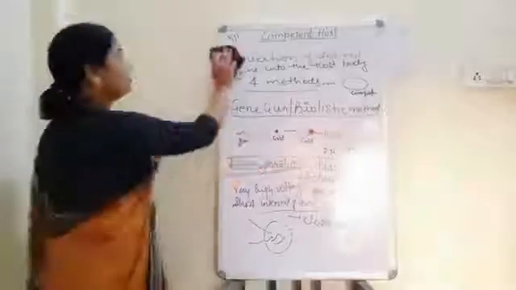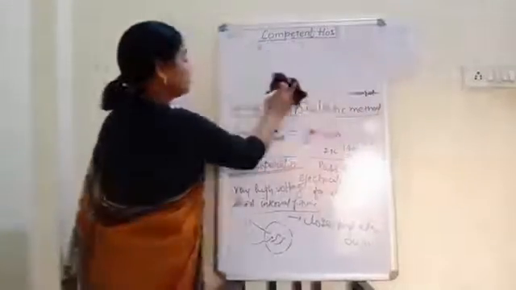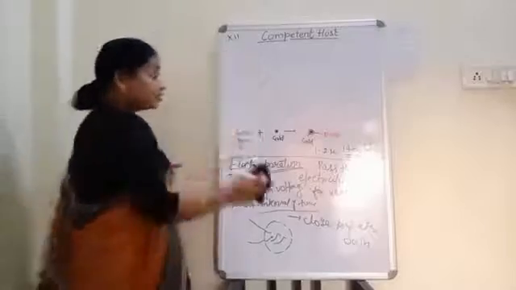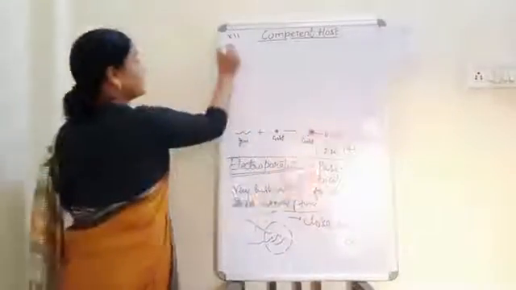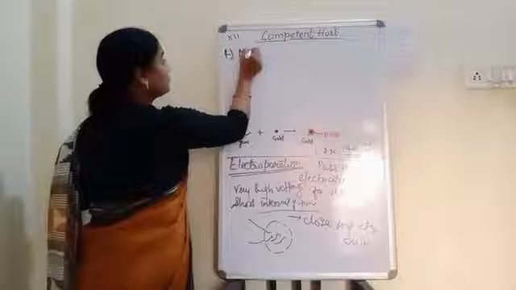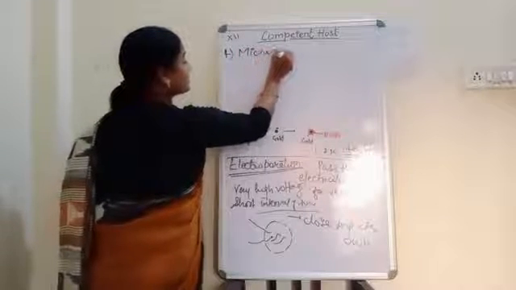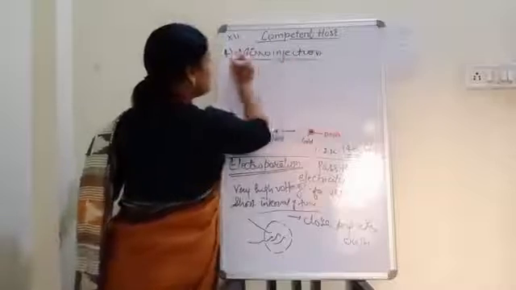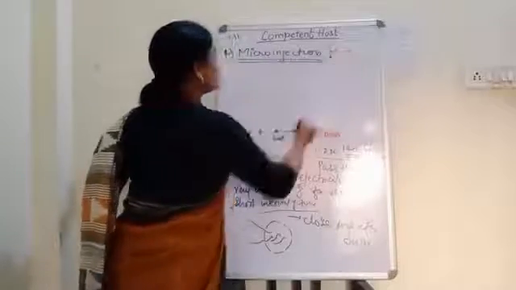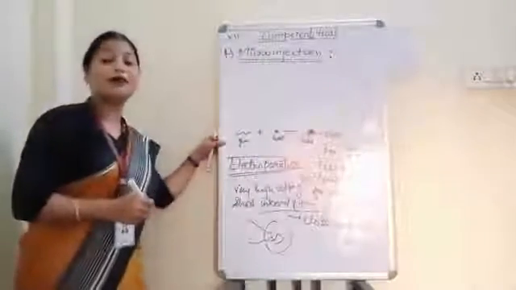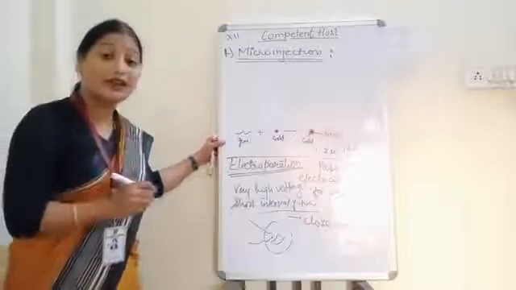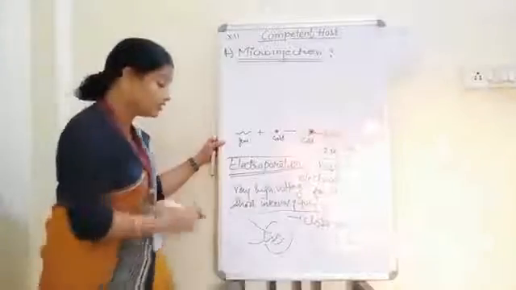Then we have one more method, and that is called microinjection. Okay, so our last method of insertion of the desired gene into the competent host is microinjection. Now see children, what we do in microinjection. It is the same as the process of injection, but it is a microinjection.